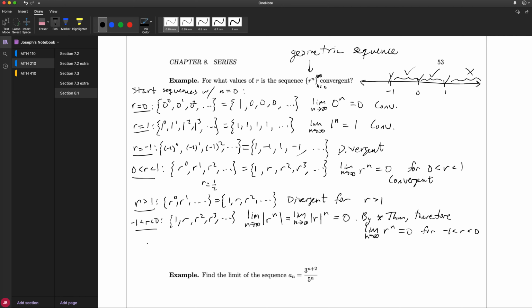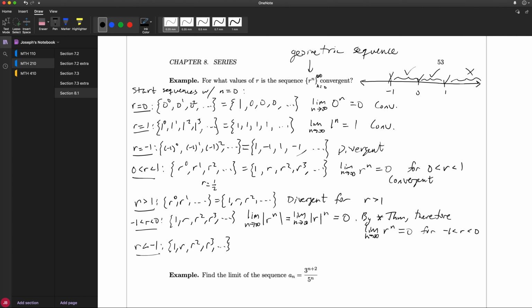All right, and now finally, with r less than -1, well, once again, it's 1, r, r squared, r cubed, etc. This is not helpful, so pick a representative value. How about something like -2? You can get 1, -2, 4, -8, +16 would be the next one, -32 would be the next one.